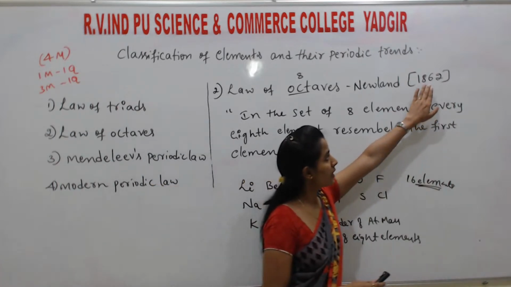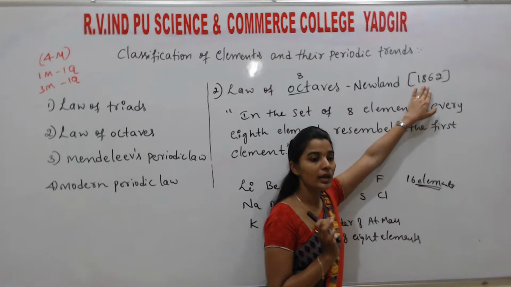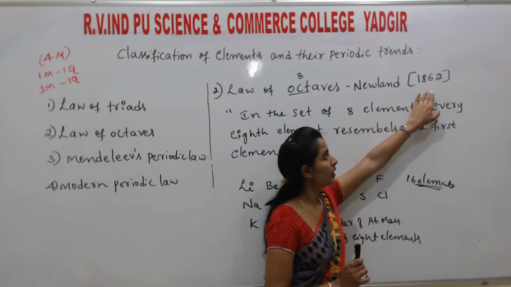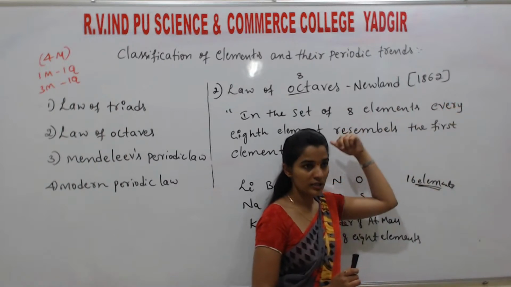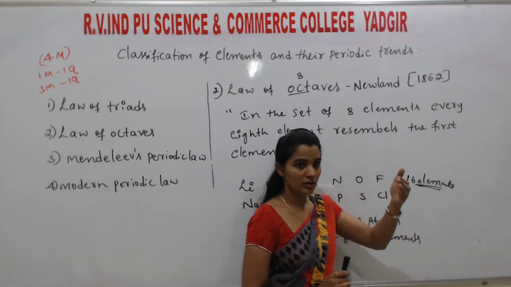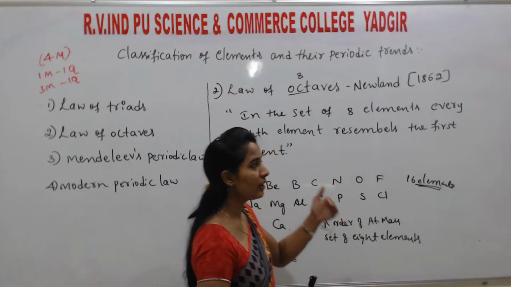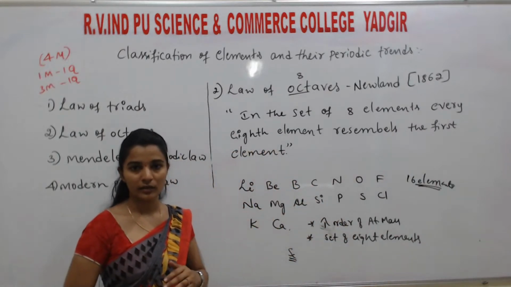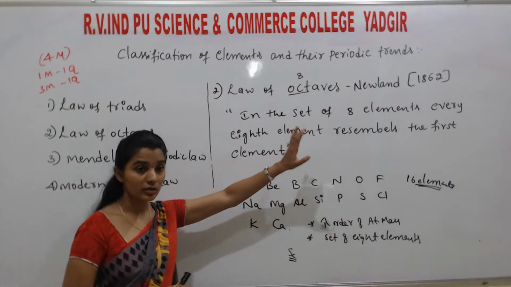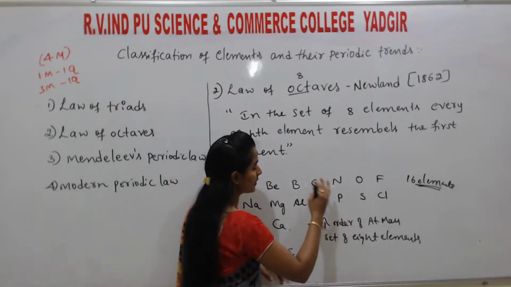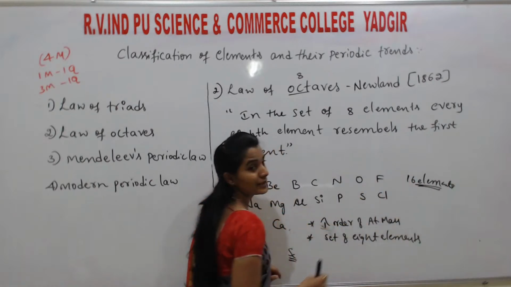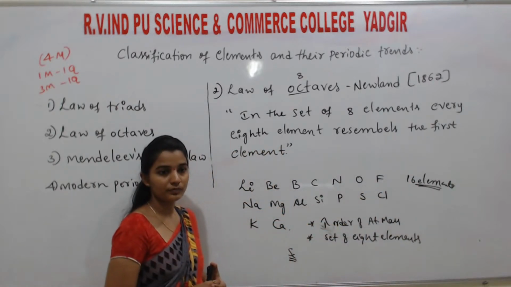So listen, in this law, as we know, 63 elements were known. In the year 1862, nearly 63 elements were known. Initially I explained, correct? Initially 31, later 63, later 114, now 118. So in this era, 63 elements were known. Among those 63, he successfully explained this law of octaves for only 16 elements.